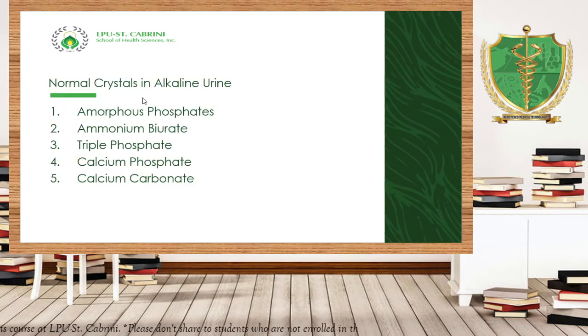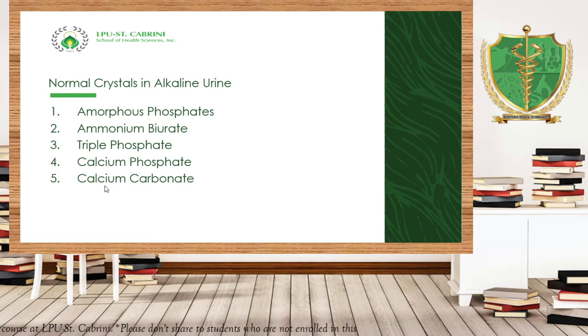Now, how about the normal crystals in alkaline urine? Amorphous phosphates, ammonium biurate, triple phosphate, calcium phosphate, calcium carbonate. So, paano daw natin matatandaan AATTCC? Ang sabi ng mga estudyante ko before, Traffic, Calamba City.